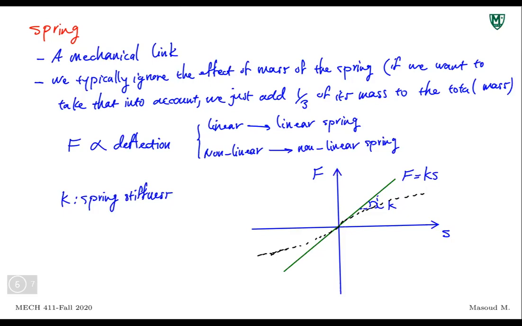Now, this dotted line tells me that if I measure the amount of deflection in the spring and how much force I apply to it, after some amount of deflection it becomes easier to stretch the spring, meaning that I need less force to stretch the spring after I pass some initial deflection. So this is more like a soft spring.